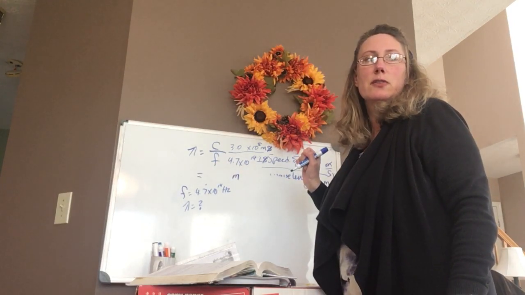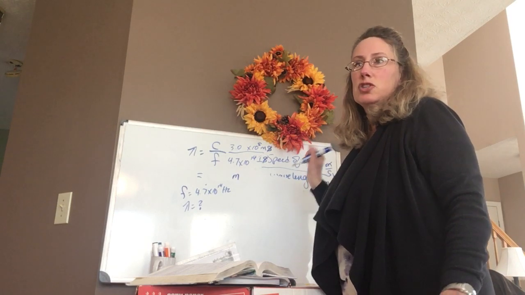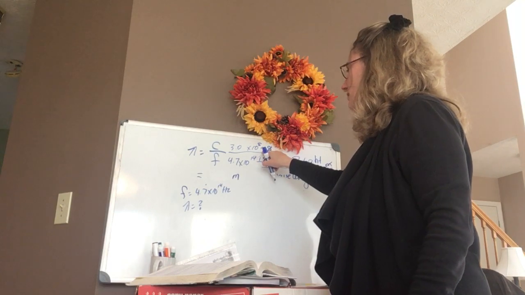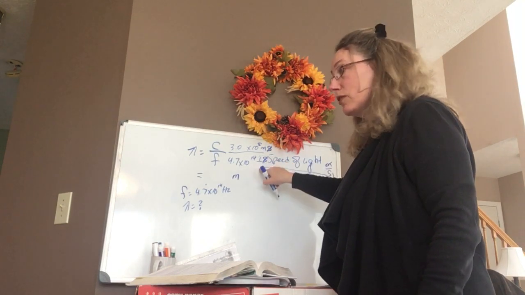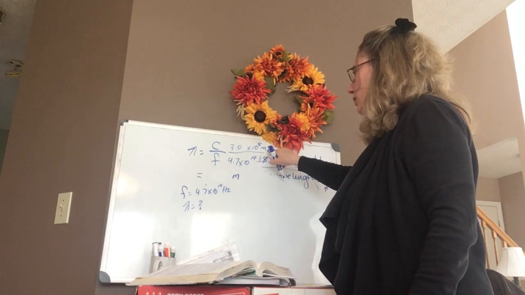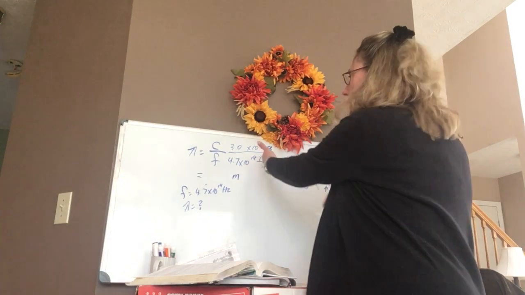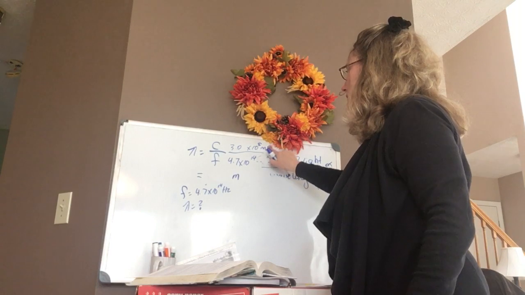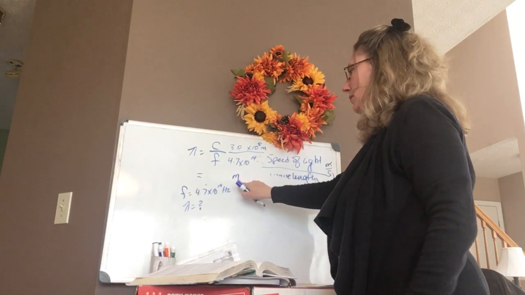Did I lose you? I'm just showing you how my units are going to cancel out. This one was meter per second, this one is 1 over second, so when I bring my seconds down and this one up, they cancel each other out. Now I just have meters in my answer.